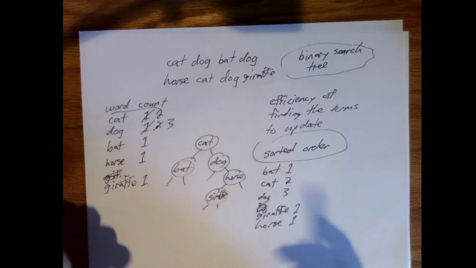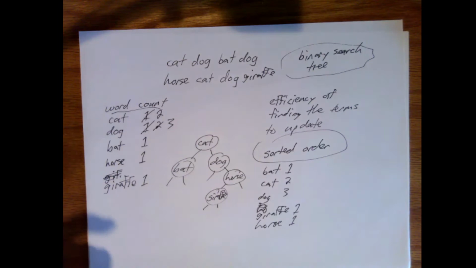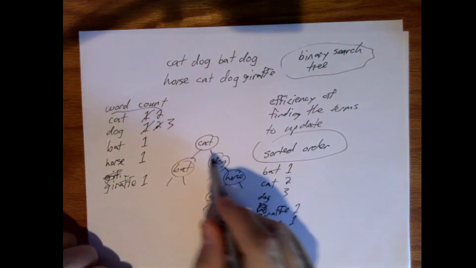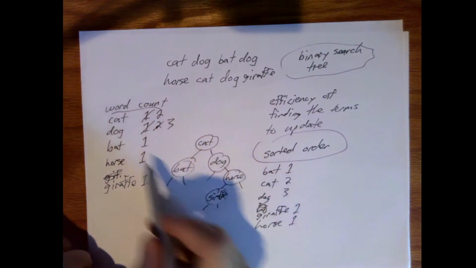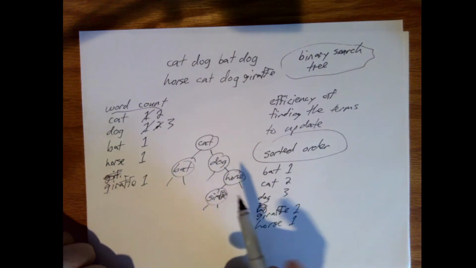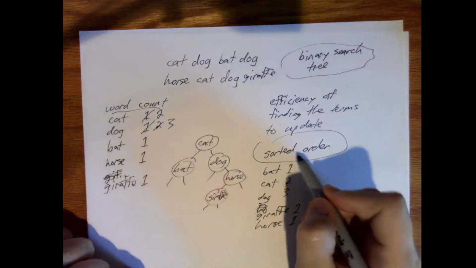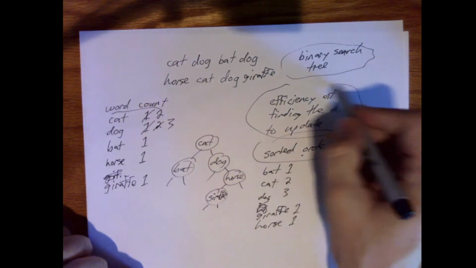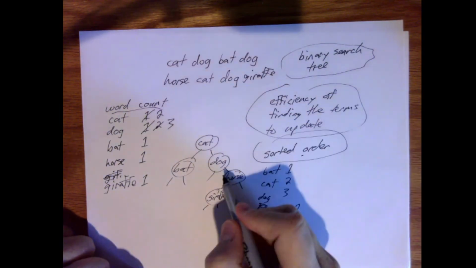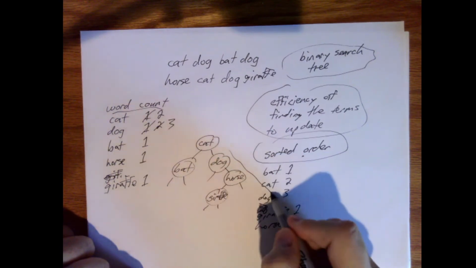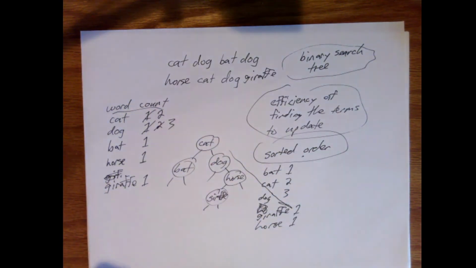So there's some reasonable amount of balance. Hopefully it doesn't become too skewed, because if it does, then I basically am back to the issue over here, other than the fact that because of the binary search tree, the terms are still at least sorted. It's just that this part wouldn't really be in effect if all the terms are basically going in this direction. So this is one reason why we're using a binary search tree.